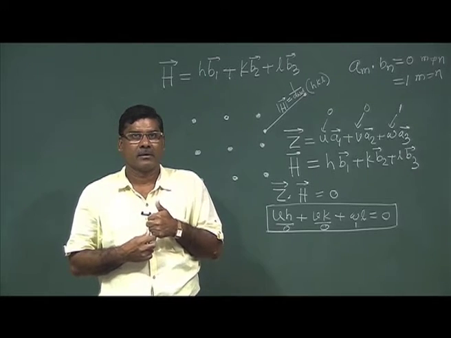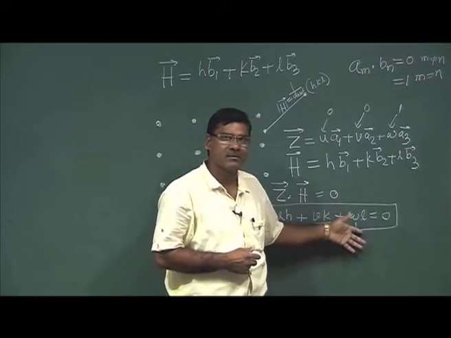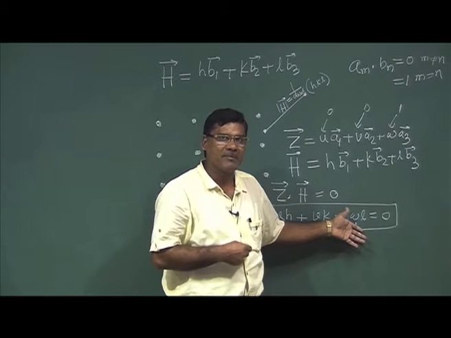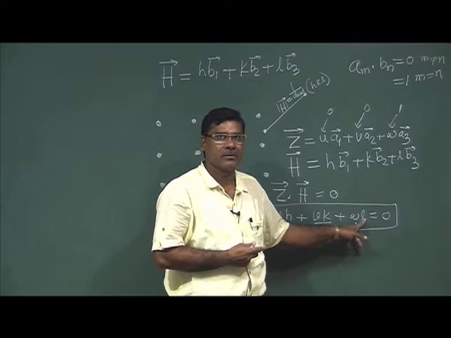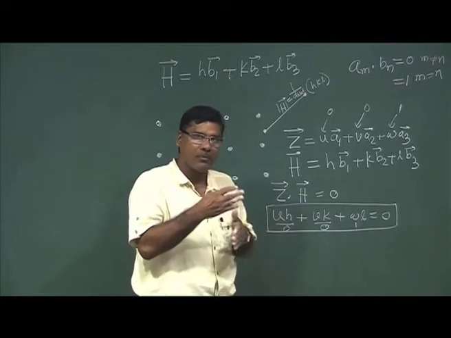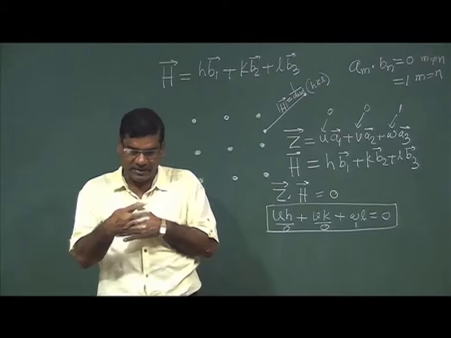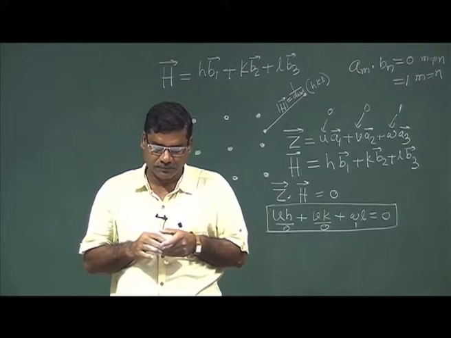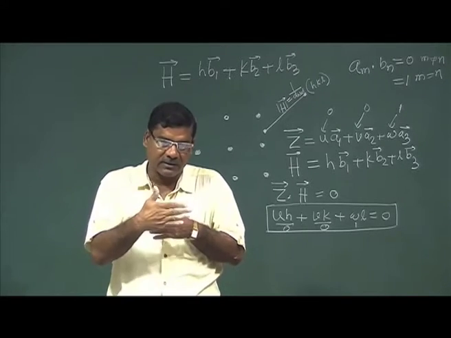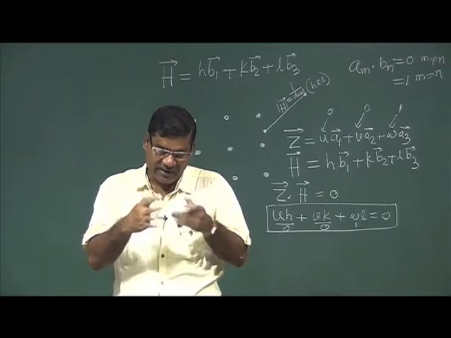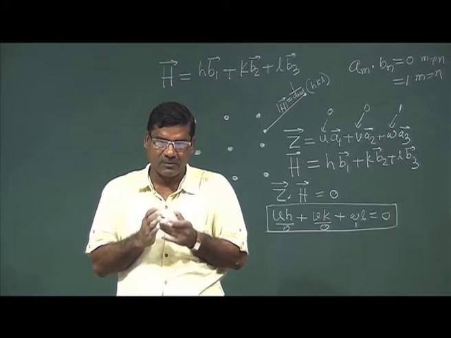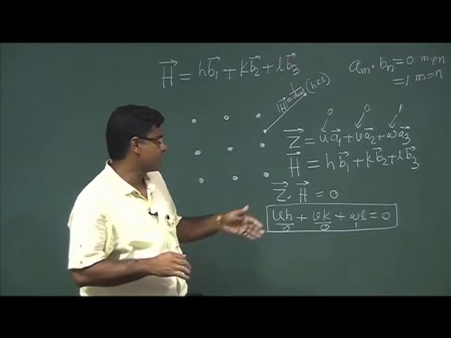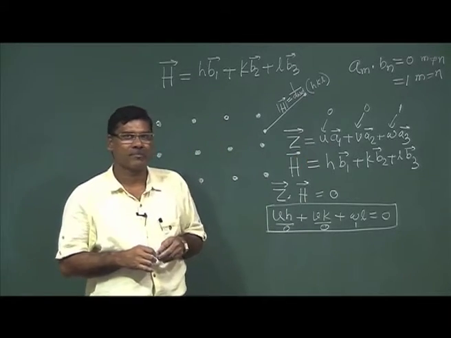Now, from this relation it is helping me, L has to be 0 for all the planes in the zone which are parallel to this A3 axis.